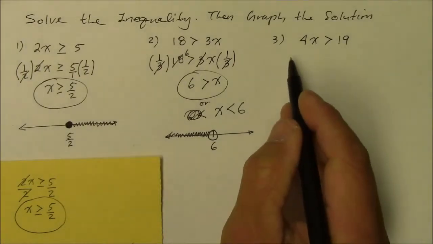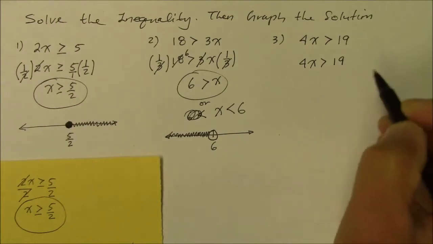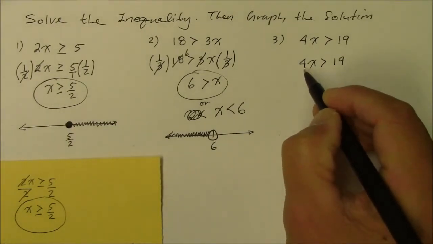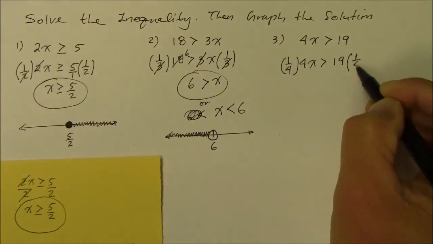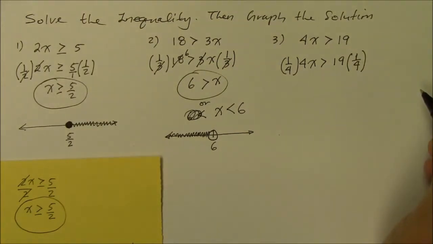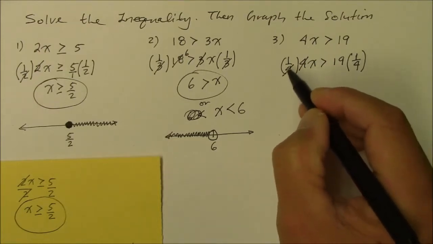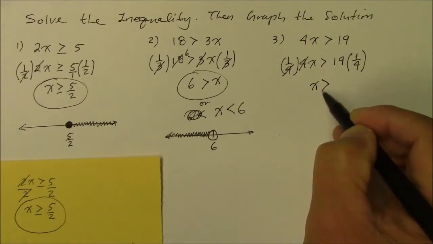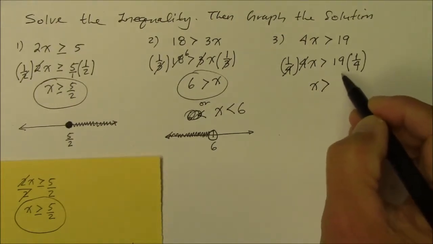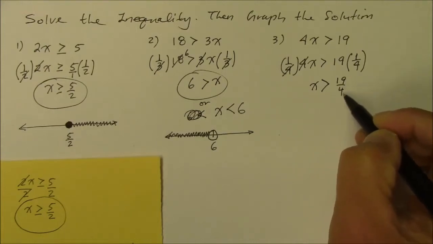And finally, number 3. Did you say, I'm going to multiply by the reciprocal of that coefficient 4, which is 1 over 4? And what you do to the left side, you must do to the right side. Here, the 4 and the 4 simplify to become 1x, or simply x, and this time x is greater than what's on the right side, and 19 times 1 over 4 is 19 over 4.